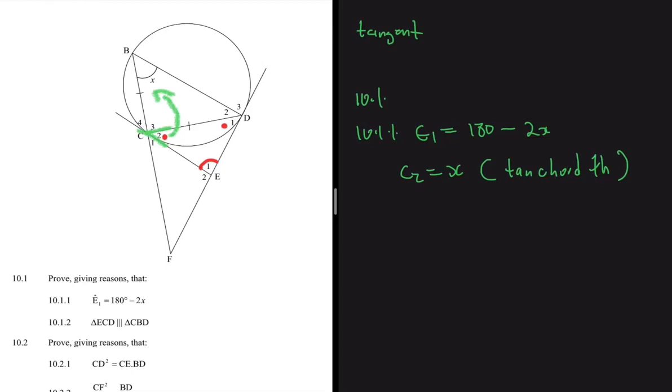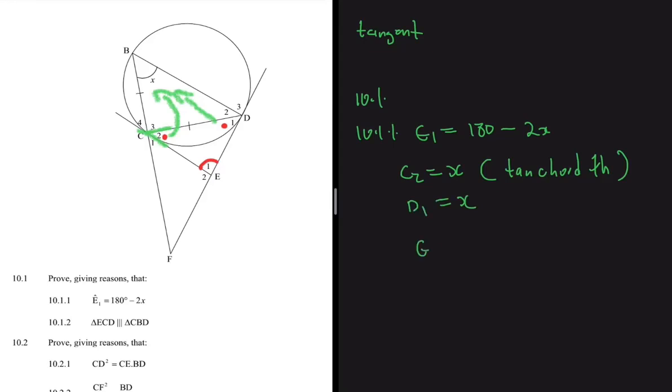And at the same time, D1 is also equal to B, because D1 is between tangent DE and chord CD. And as we have said, chord CD subtends angle B, which is x. So now we can say that D1 is also equal to x.